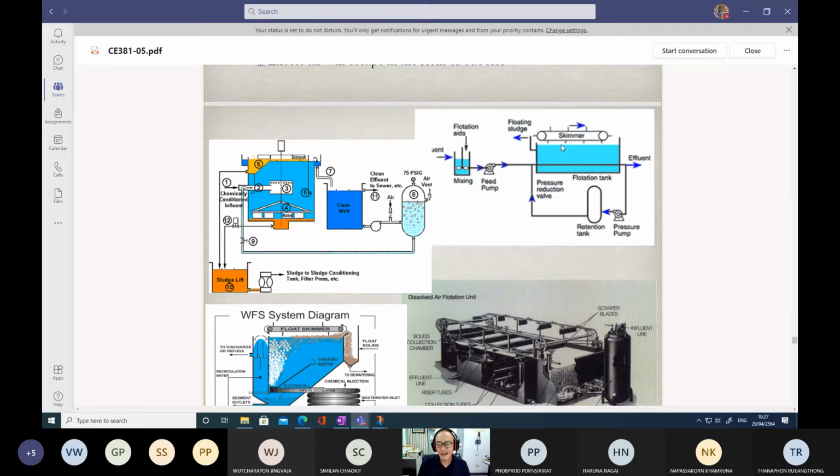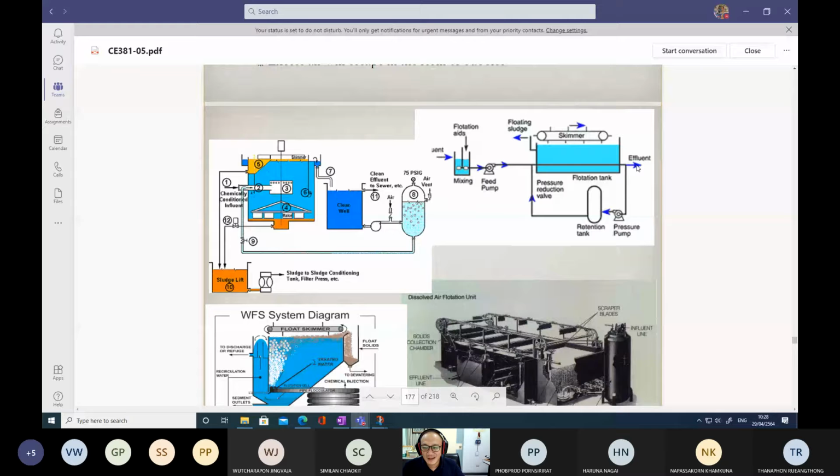So it's just a retention tank, just a conventional tank where the surface is equipped with a skimmer. So the flotation process actually takes place in this tank. But how does it work, because we did not install any flotation facilities? They do it like this.